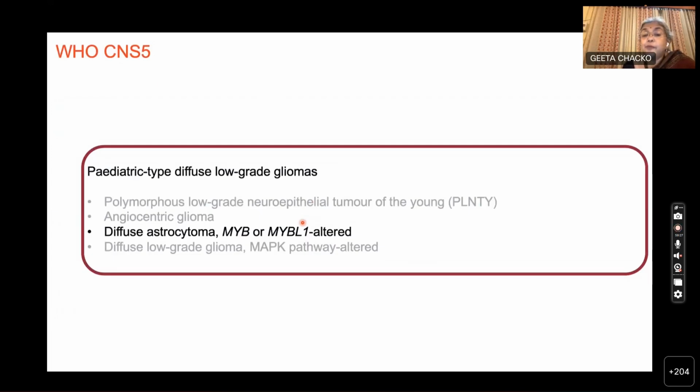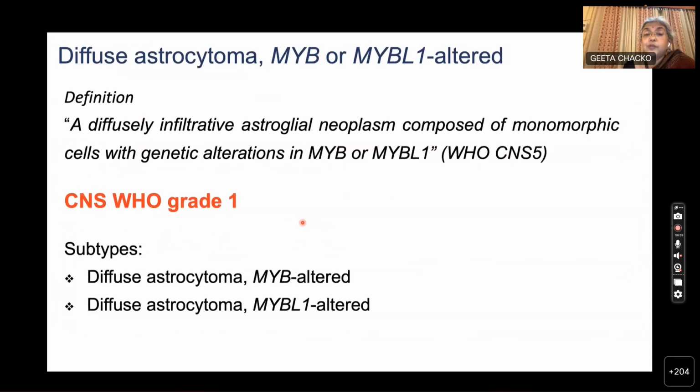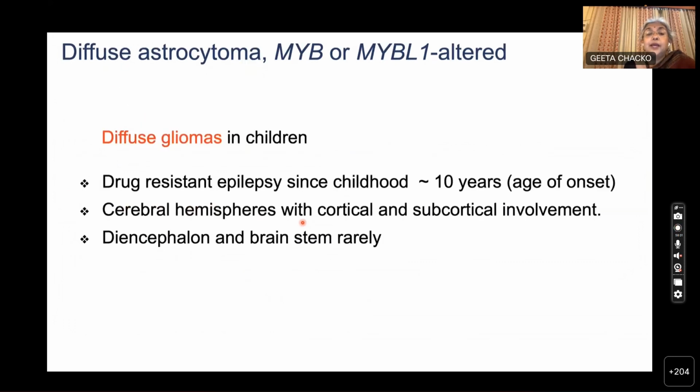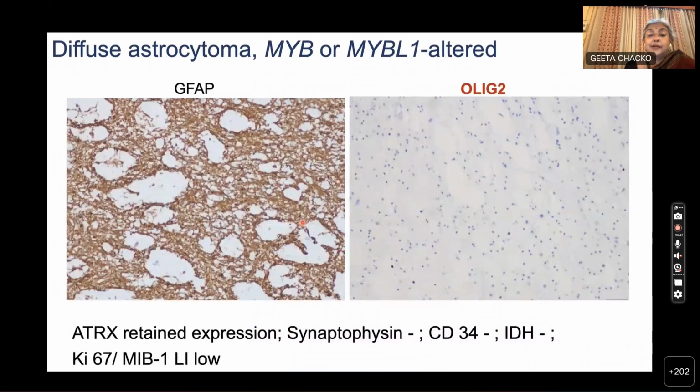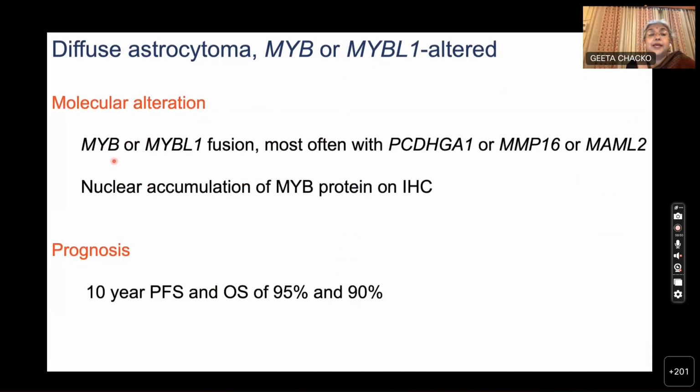The diffuse astrocytoma MYB or MYBL1 altered is also a CNS grade 1 tumor. Again, in drug-resistant epilepsy, again a diffuse low-grade glioma, with a very monomorphic diffuse pattern of infiltration of tumor cells. They have retained ATRX. They are another set of tumors that are OLIG2 negative, and this requires demonstration of the MYB or MYBL1 fusion to make a diagnosis.